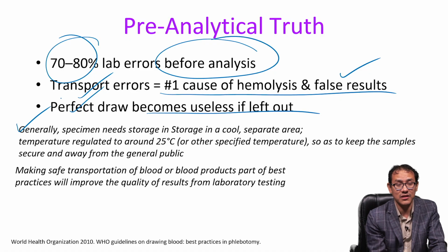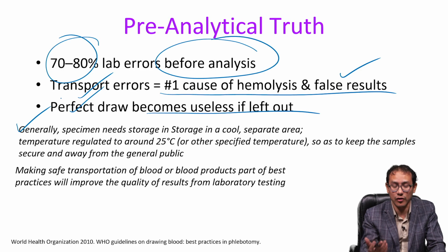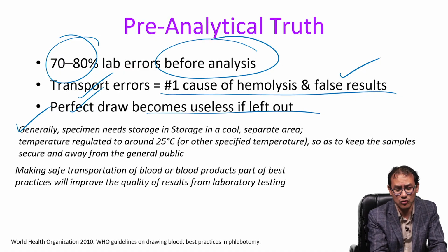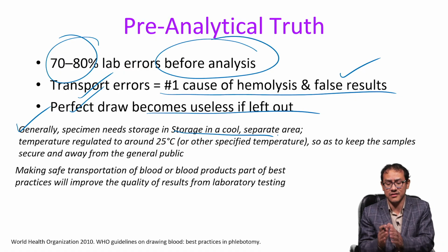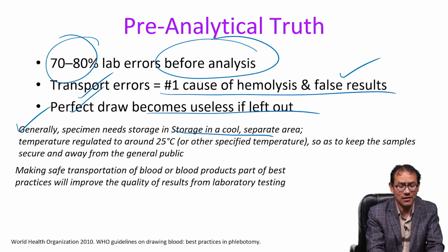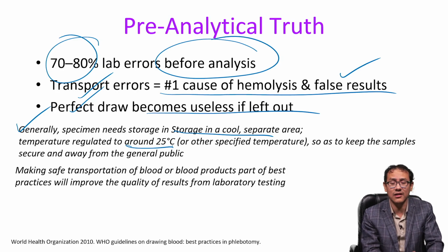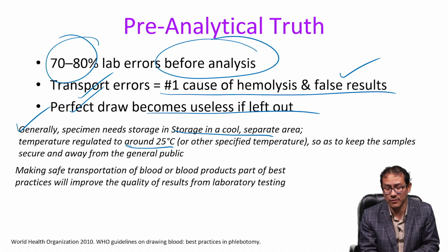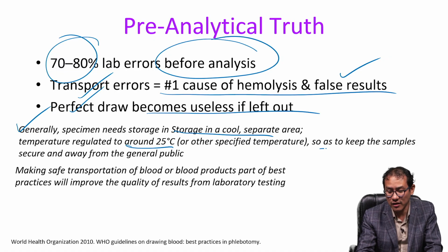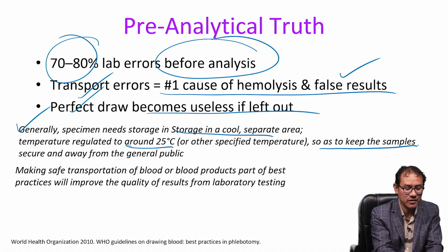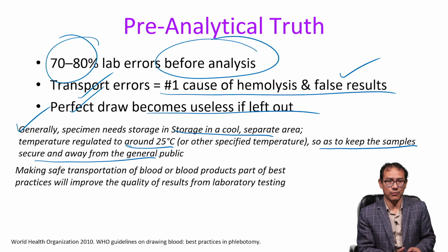From a general point of view, specimens require storage in a cool and separate area. The temperature can be around 25 degrees centigrade or another specified temperature as per the sample, so as to keep the sample secure and away from the general public.